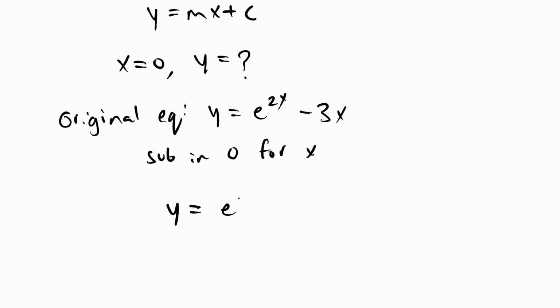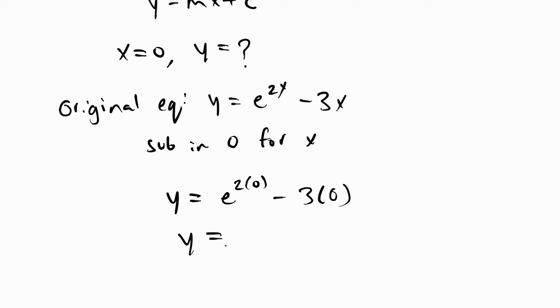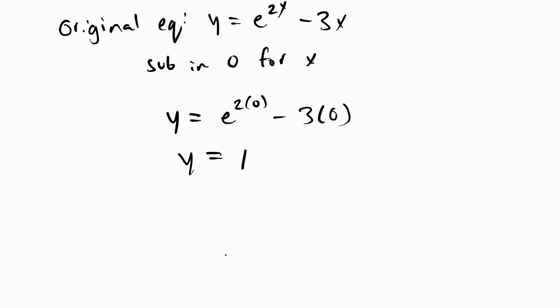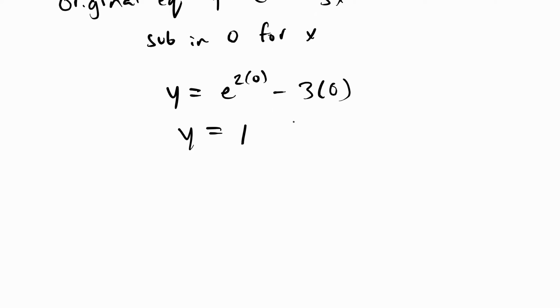So e to the power of 2 times 0 minus 3 times 0. So y is simply equal to e to the power of 0 minus 0. Anything to the power of 0 is 1, and 3 times 0 is 0, so y is equal to 1. So if we substitute all the values that we know, we can calculate c. So 1 is equal to negative 1 times 0 plus c.